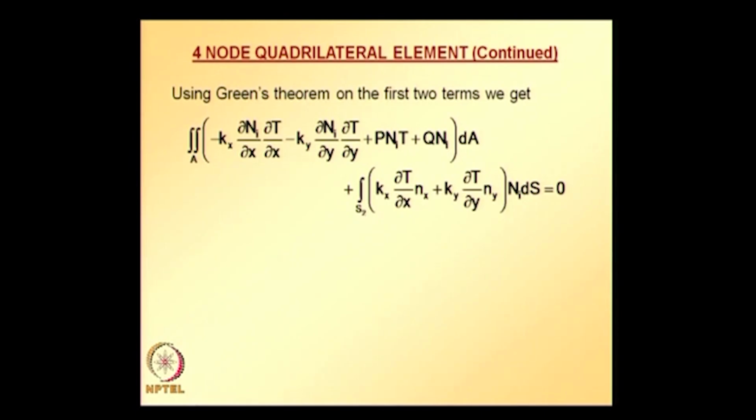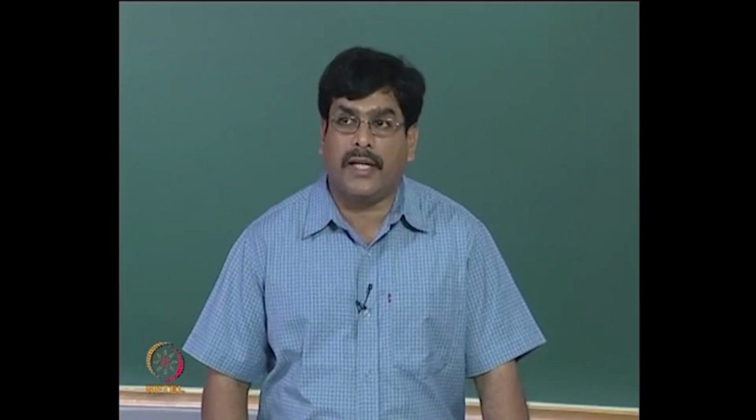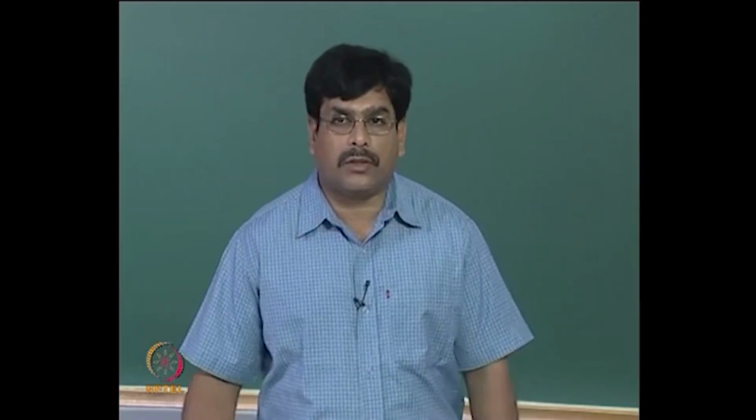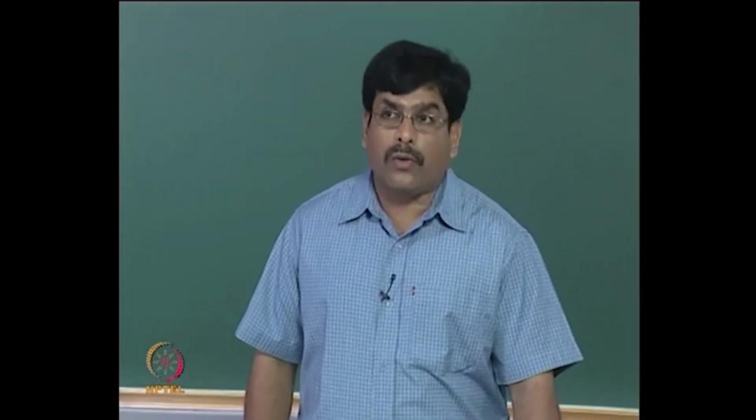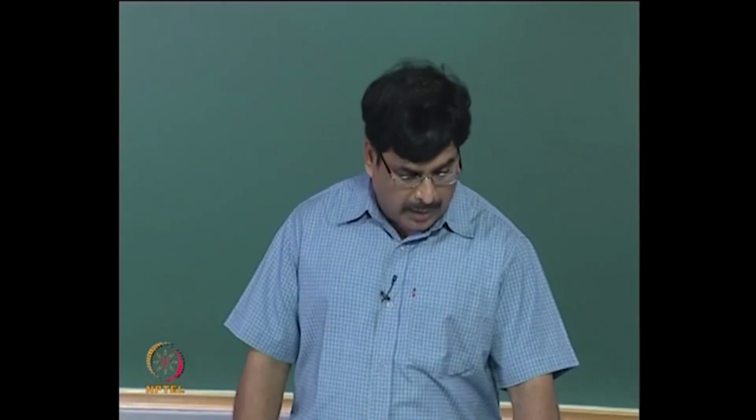The only difference between that and here is that the number of shape functions is 4 here, whereas earlier the number of shape functions was 3, and the shape function expressions are also different for the 4 node and 3 node elements, except that this part is similar.